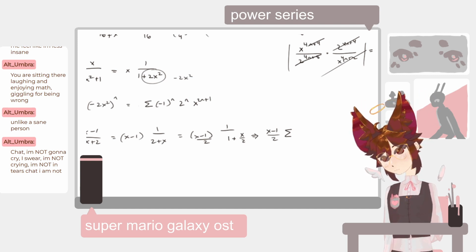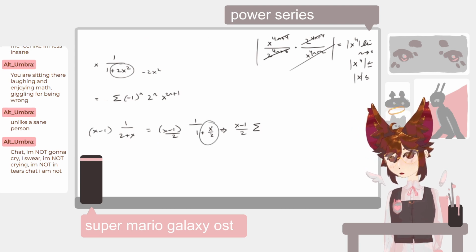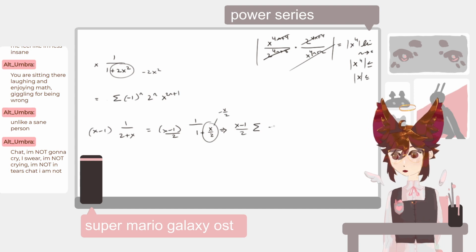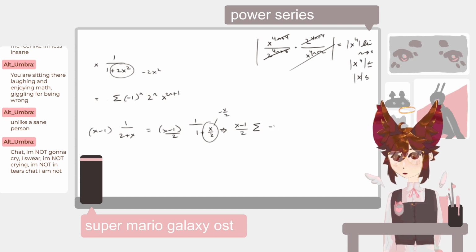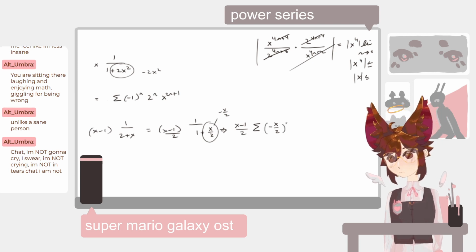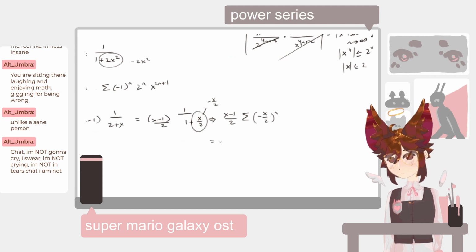And then we get, so our function is like negative x, so 1 over x, negative x over 2 to the n. And that's going to equal, woof, okay.